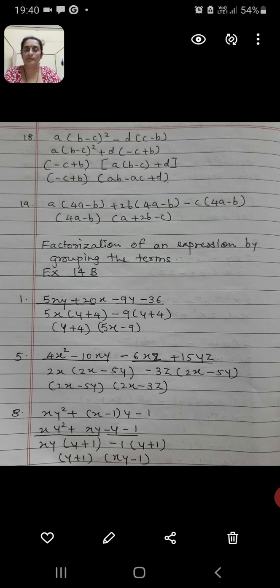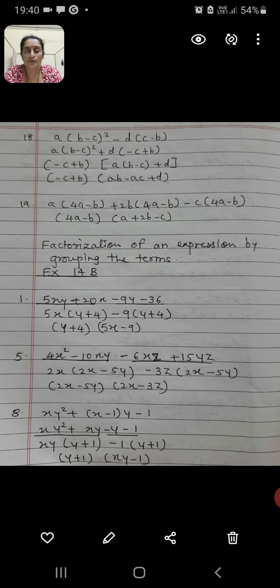One more sum I have done here, that is question number 16. The question is ab in the bracket x square plus y square minus xy, a square plus b square. Now here we'll open the brackets first and simplify it. Because there is nothing common in that, can you take anything common there?